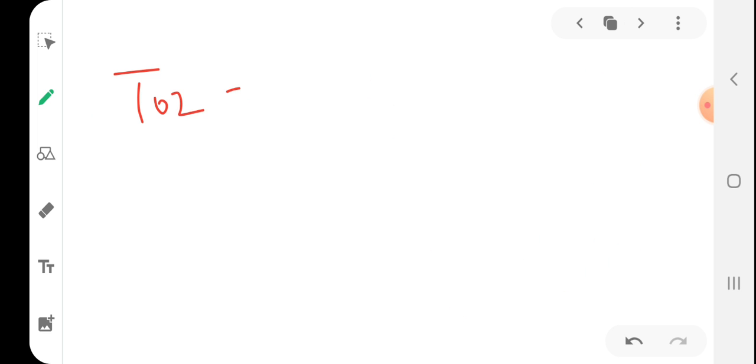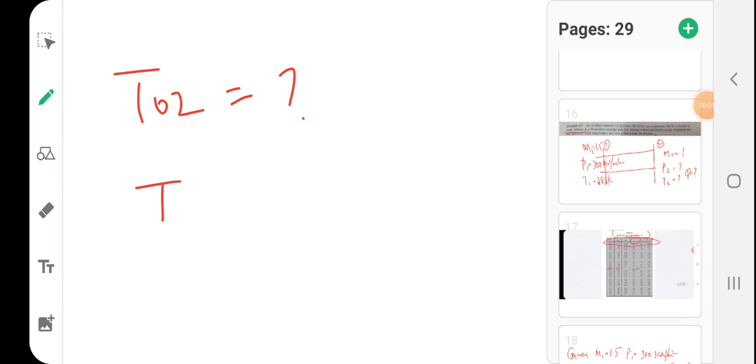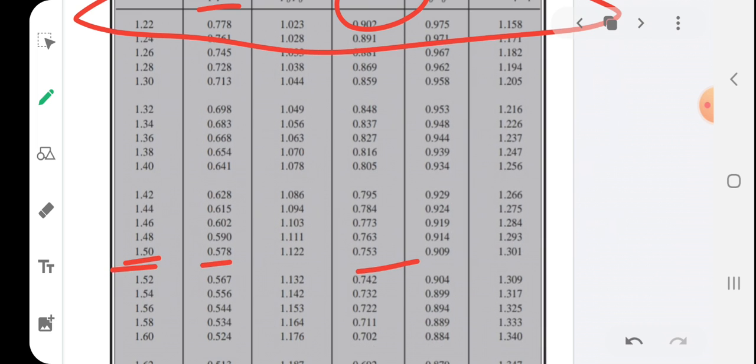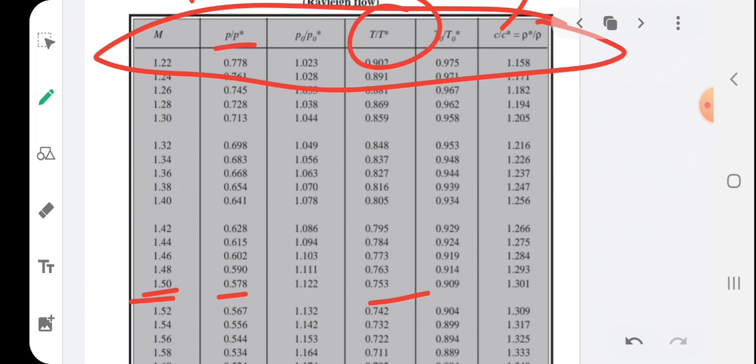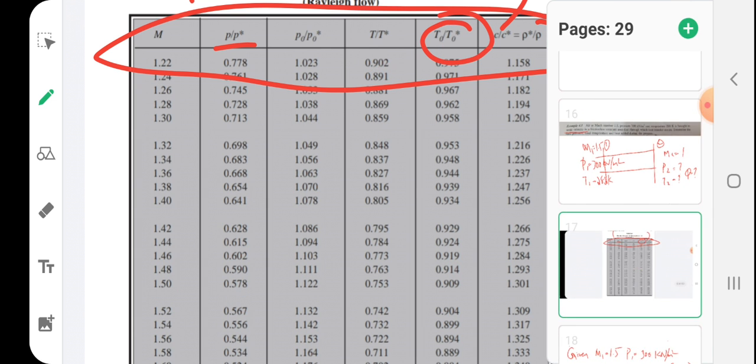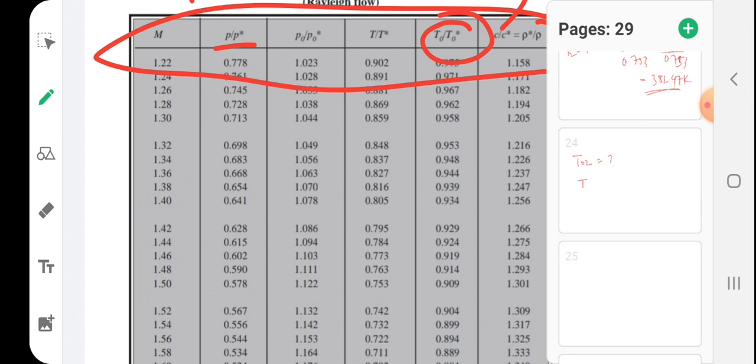Now T02 should be found out. Here you have a particular table where you can get the value for T0 by T0 star.